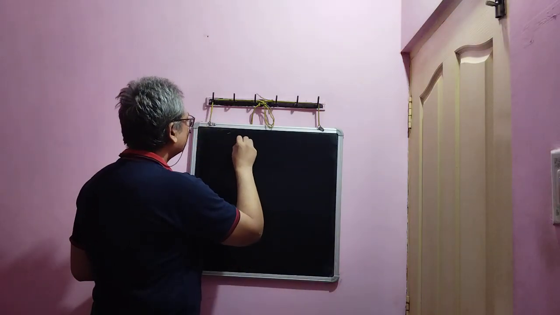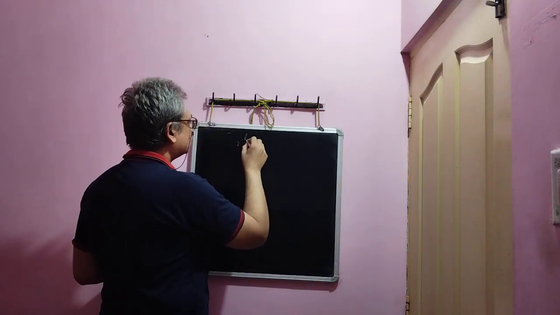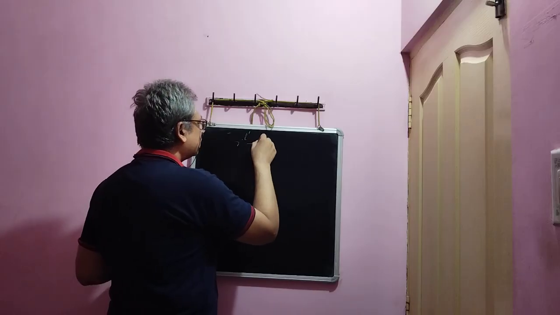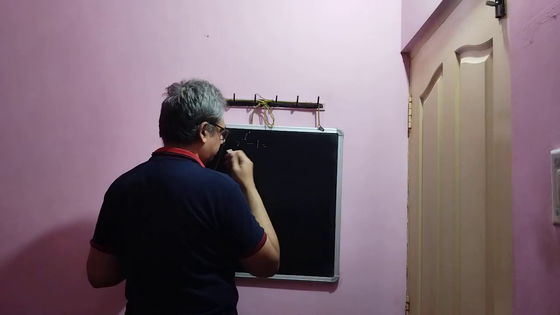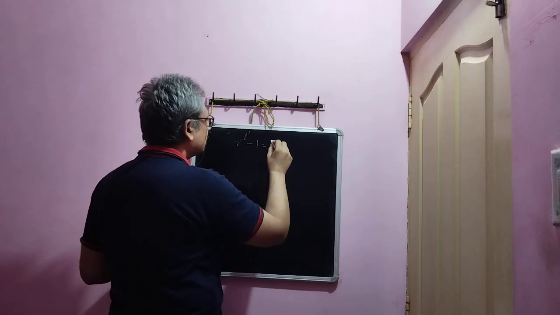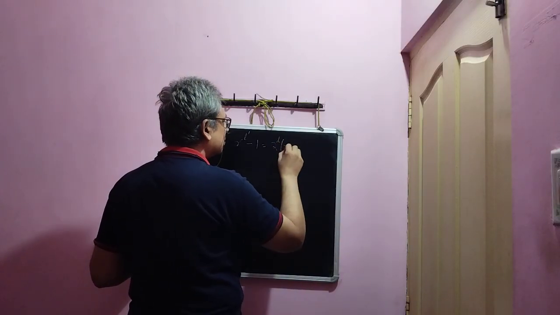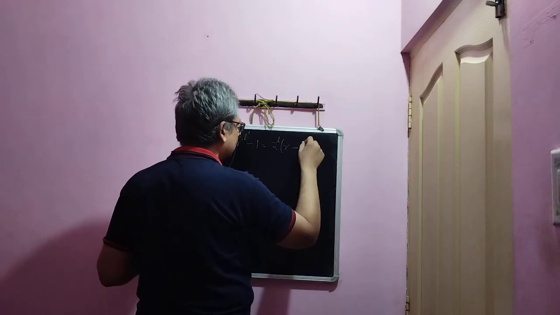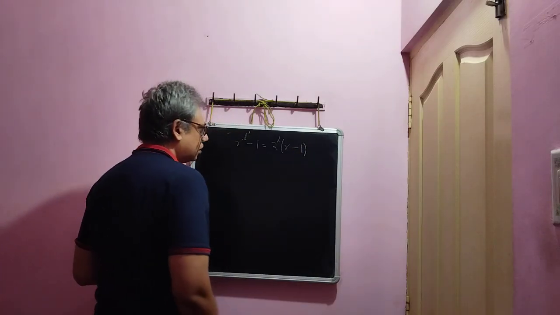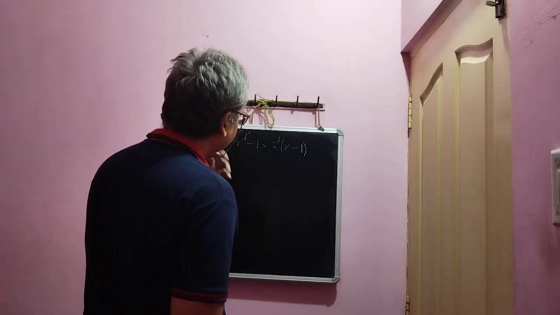In other words, we have r power l dash minus 1 is equal to 2 power l times (r minus 1).